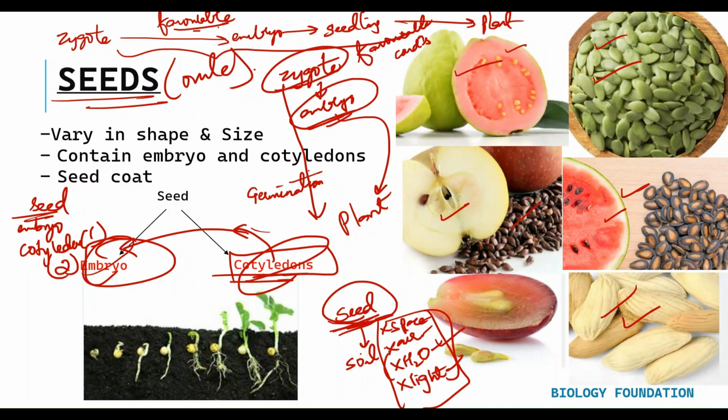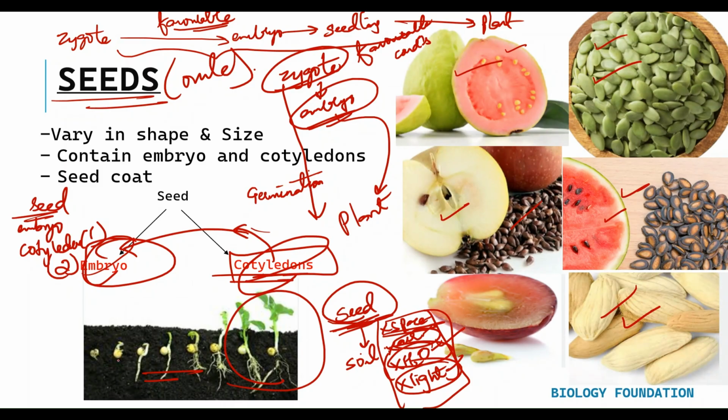What do I mean by favorable conditions? Appropriate water must be provided, sufficient amount of light, air, and proper space for the seed to grow comfortably in the soil. Okay, so during this process of germination, the zygote present inside the seed first develops into embryo, and later it develops into a seedling or sapling.